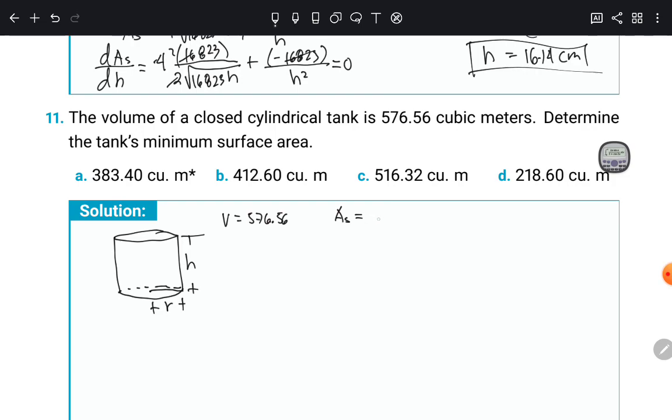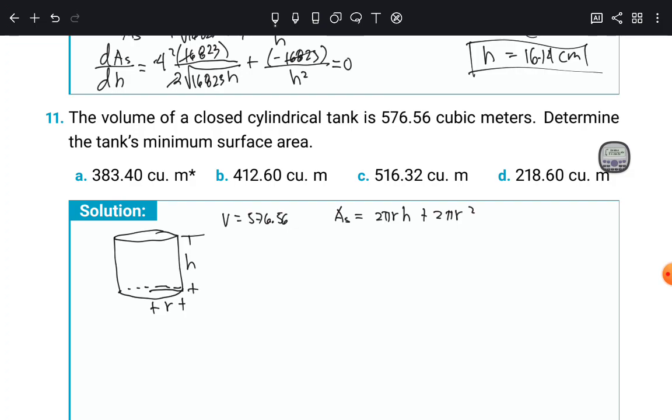So the surface area is the lateral area, which is equal to 2 pi r, that's the circumference, multiplied by h. Then for the top and the bottom, we add that one. That's just the area of the circle. It's 2 circles, so times 2. And the area of a circle is just pi r squared. So this is now our surface area that we want to take the minimum.